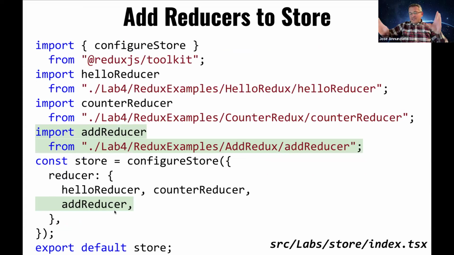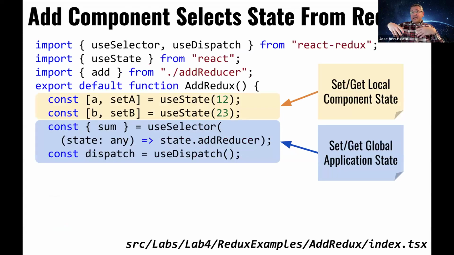Anyway, so the reducer and the actions, we're exporting those, and we are adding it to our store. So we're collecting all these slices, each one responsible for the sum, for the hello world, for the count. And then inside of our component, we can combine some local state management, where we can have a couple of input fields where we can type in the values that we want to add, a and b, with set a and set b, where we can type in, say, 1 2 3 plus 2 3 4.